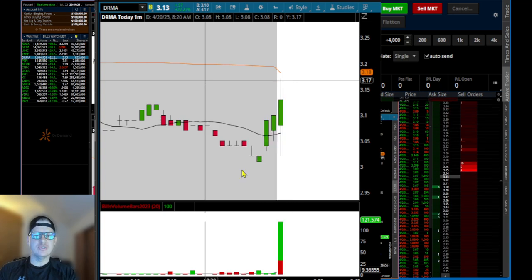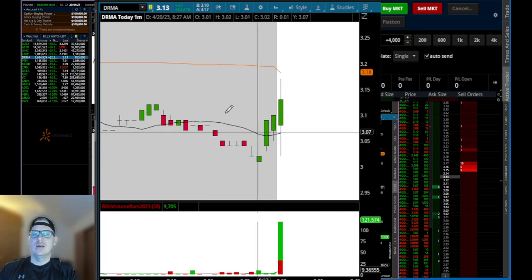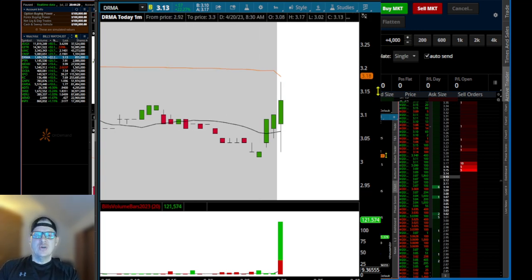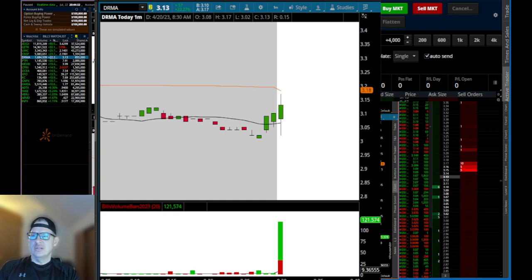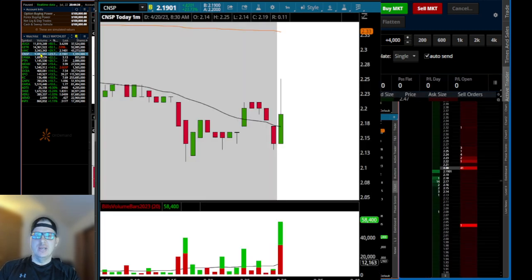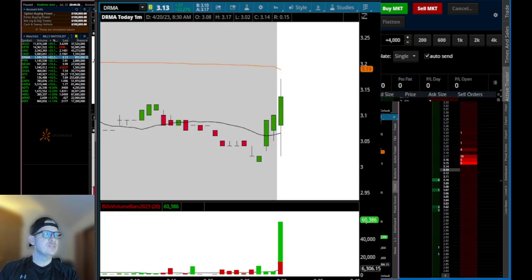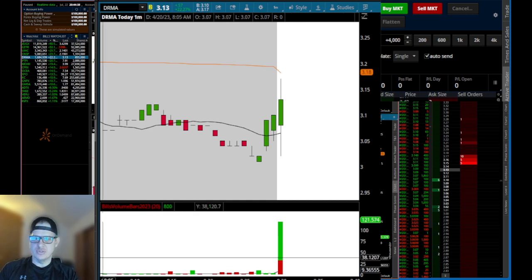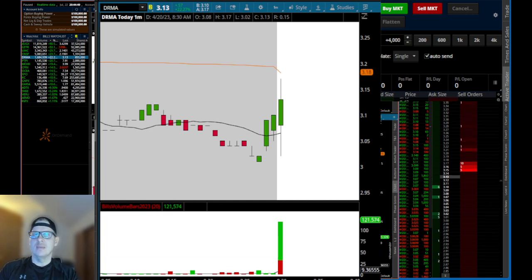And I have another screen up above my main window here that I plug those symbols in, and I keep an eye on them. So let's go ahead and watch the DRMA kind of run here. Let me get it up here so I can keep an eye on things.